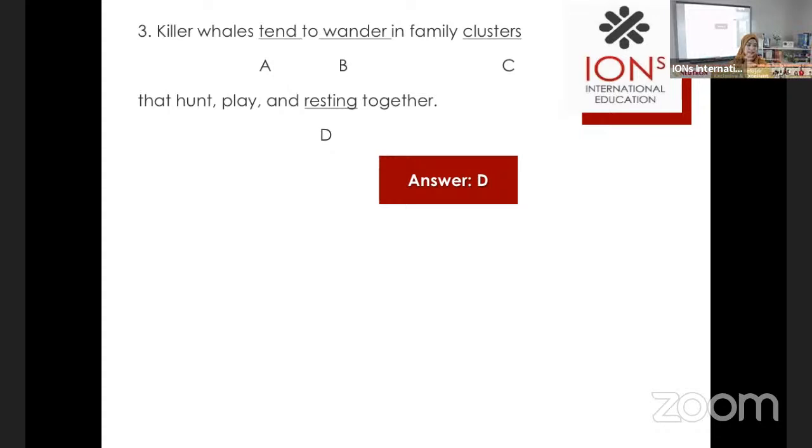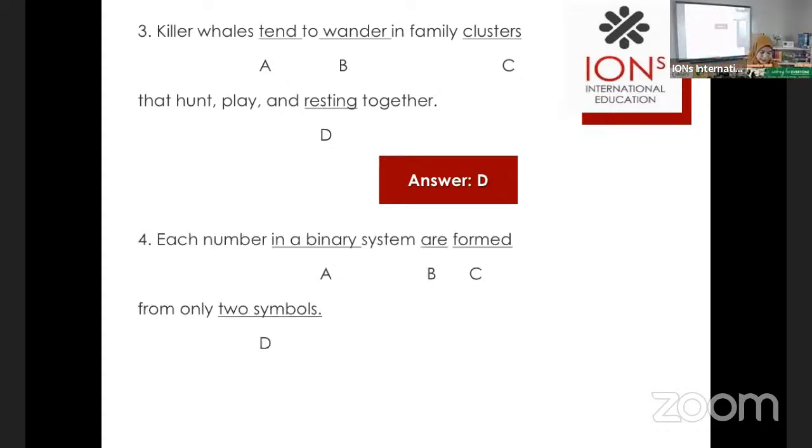Menghubungkan hunt, play, and resting. They should be in the same structure. Jadi hunt itu kan verb base, play juga verb base. Berarti resting di situ harus verb base juga without ing, right? Hunt, play, and rest, like that.